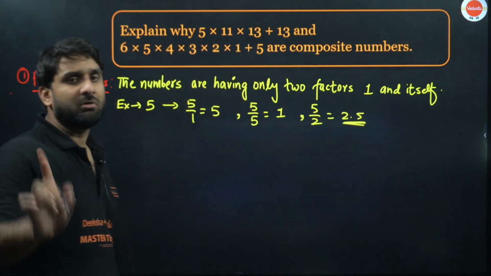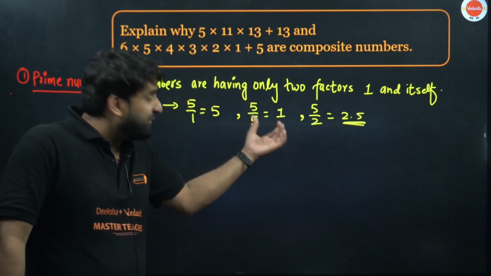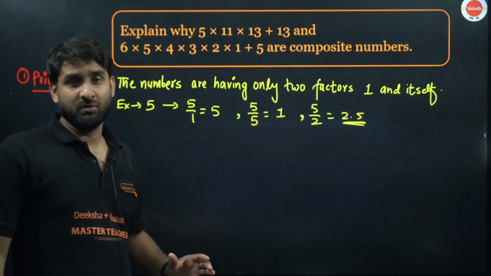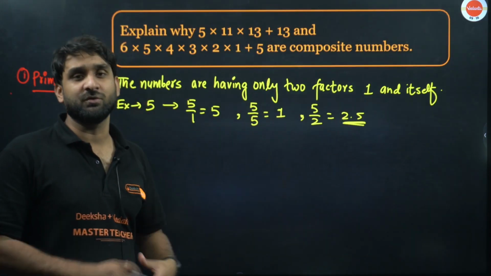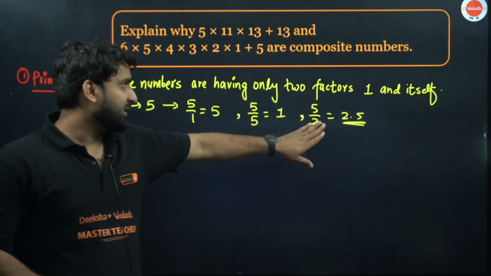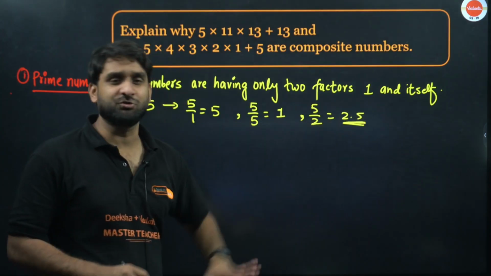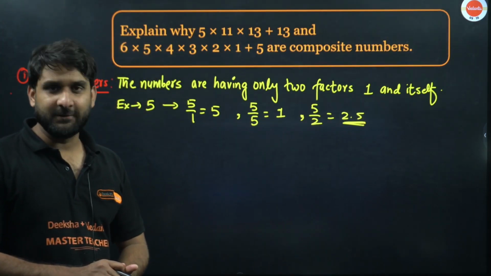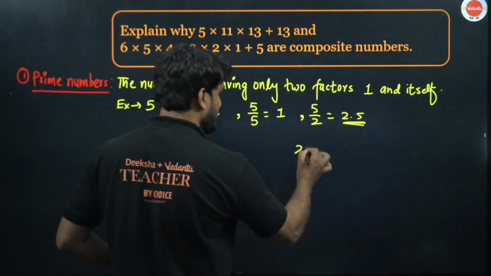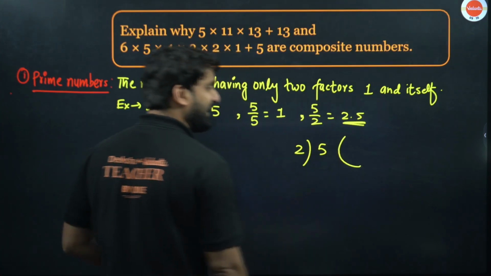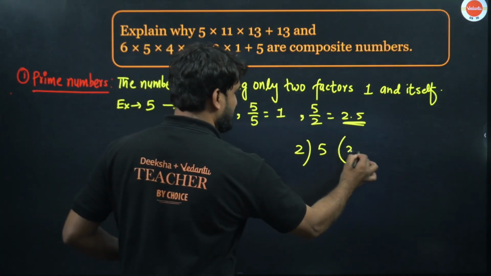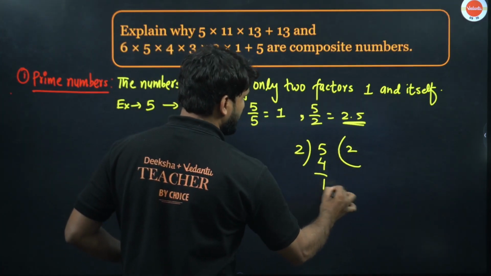We are not talking about decimal. We want perfect division. The remainder should be 0. Here the remainder will not be equal to 0, and the quotient is 2.5. For example, let me show you. When you divide 5 by 2, 2 times 2 is 4, look at the remainder.